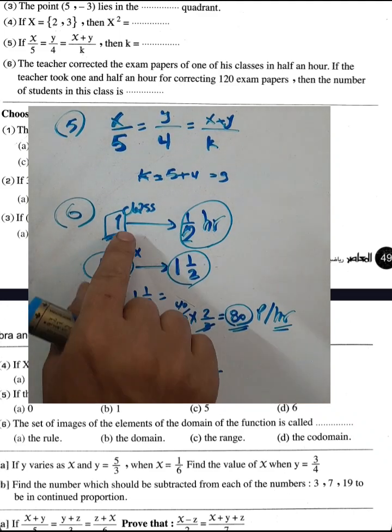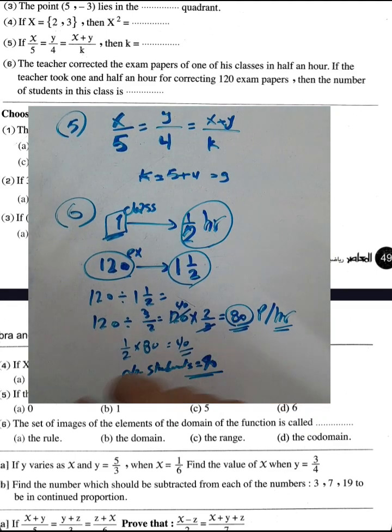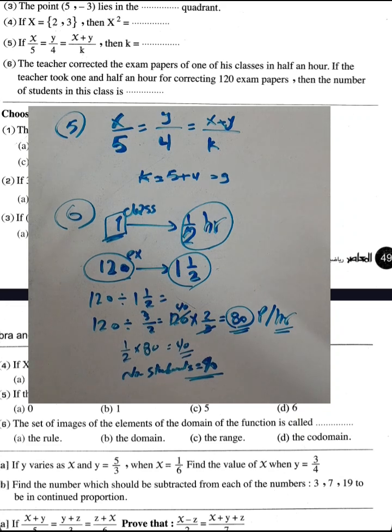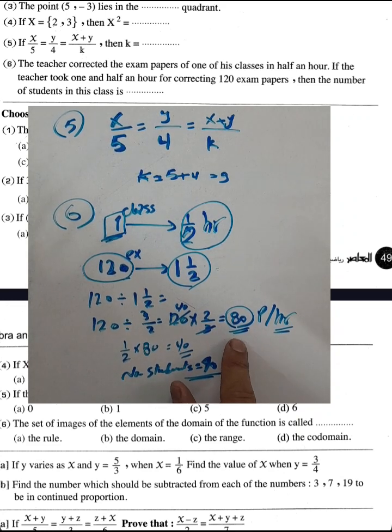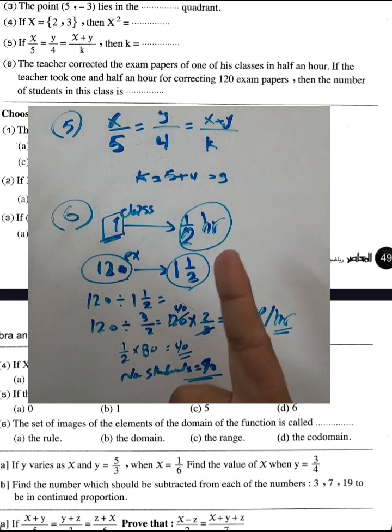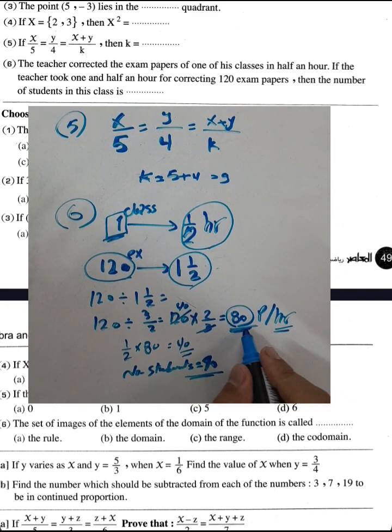In one class he takes half an hour to correct all the papers of the students. He corrects 80 papers in 1 hour. Understood?